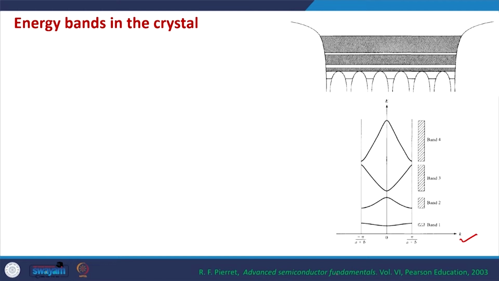And as we discussed in the last class, there are certain conditions that naturally come from the solution of the Bloch's theorem, which we can see from its derivation, but which we can also see from the statement of the Bloch's theorem.